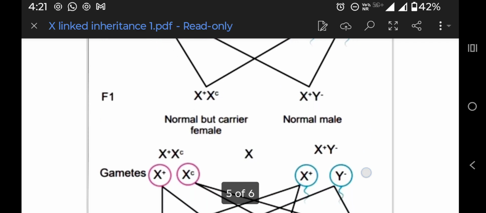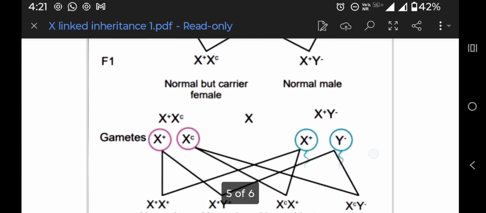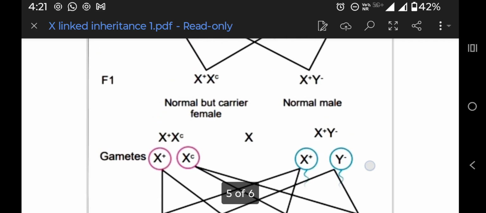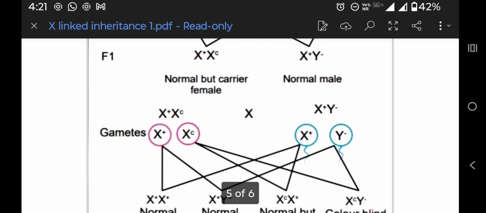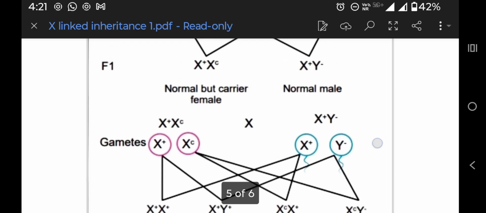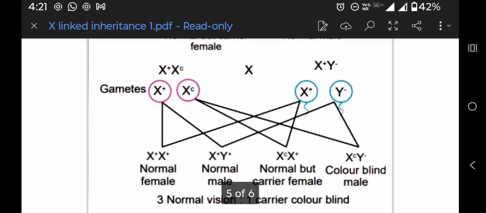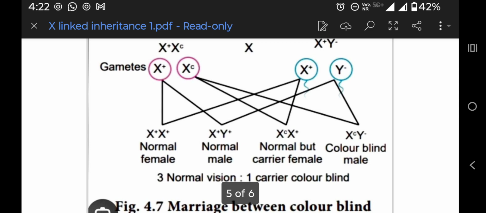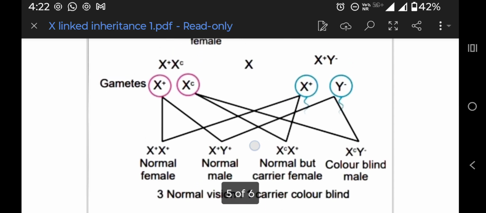Then you can make other crosses, like again you have the carrier female. If the carrier female is crossed with the normal male, then the possibility is the same: normal female and normal male 50-50%, and then a normal but carrier female and a colorblind male.